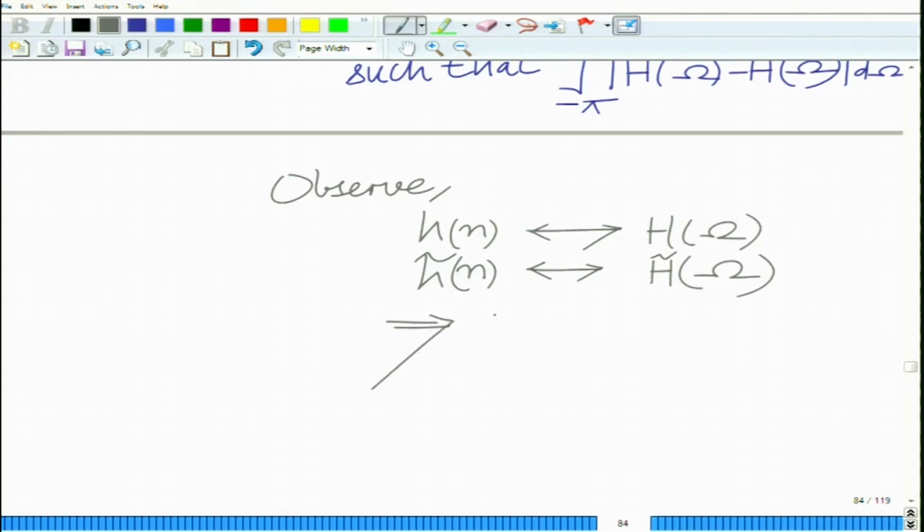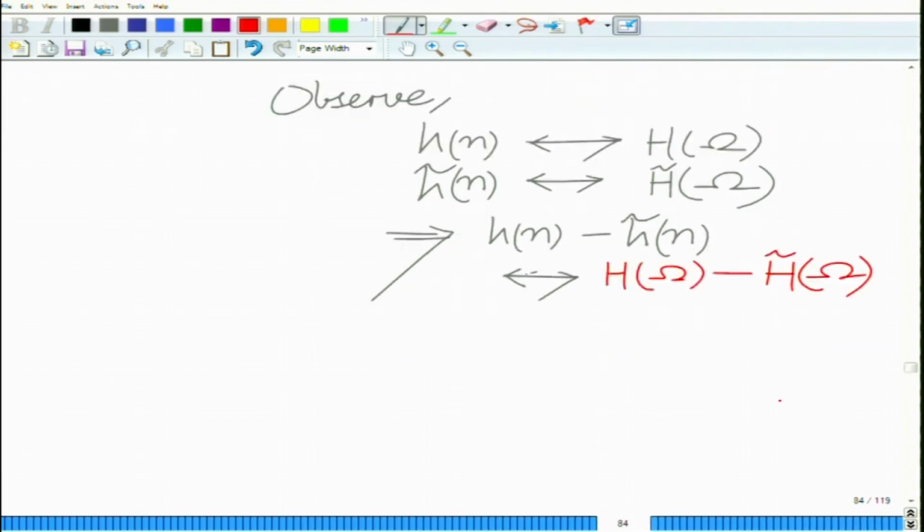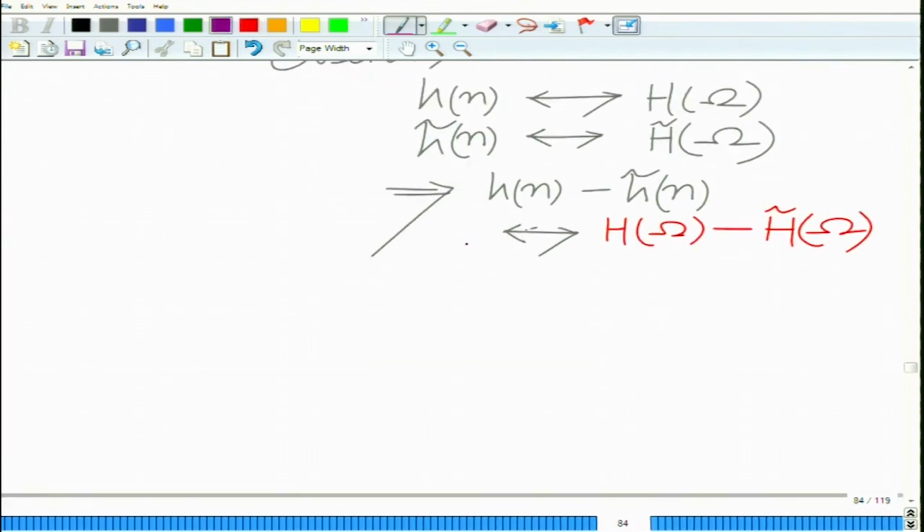This implies h of n minus h tilde n has the DTFT H of omega minus H tilde of omega, and this follows from linearity, remember.